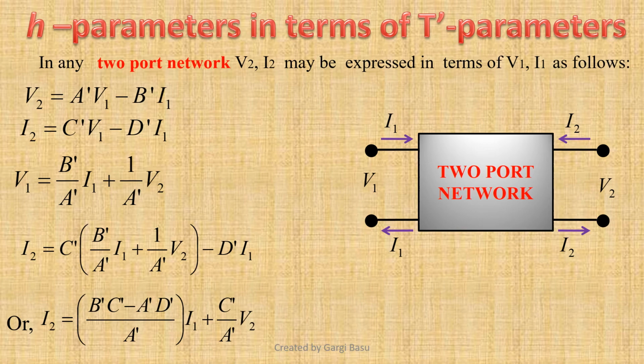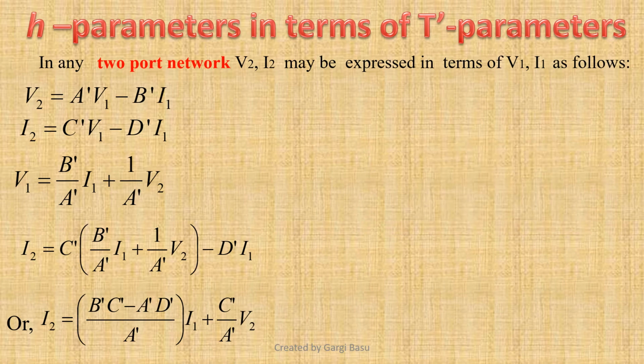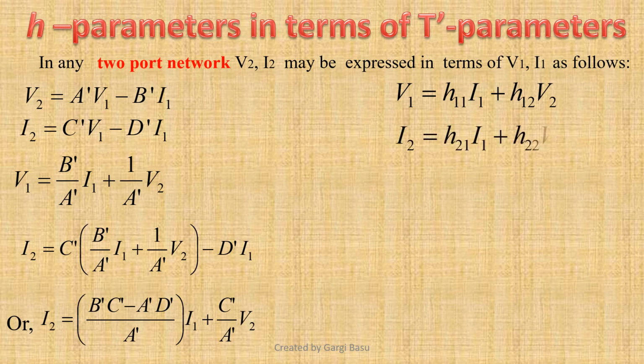When we describe a two-port network using hybrid parameters, the linear equations used are V1 = H11 I1 + H12 V2 and I2 = H21 I1 + H22 V2. Comparing the expressions of V1, we get H11 = B'/A' and H12 = 1/A'.